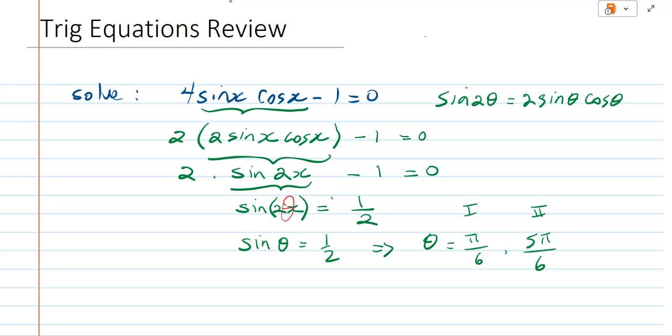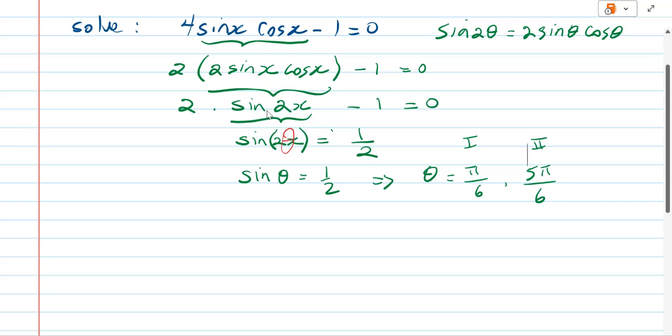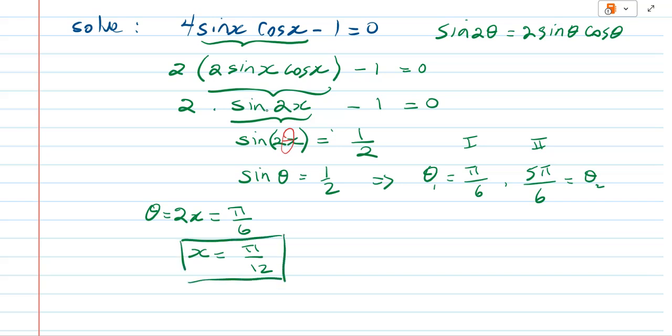But theta is 2x. So theta is equal to 2x, which is equal to, for the first angle, theta 1, and then we have the second angle, theta 2. And this is pi over 6, so x is pi over 12. So this is your first angle.